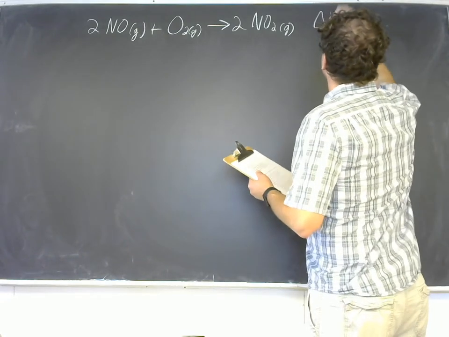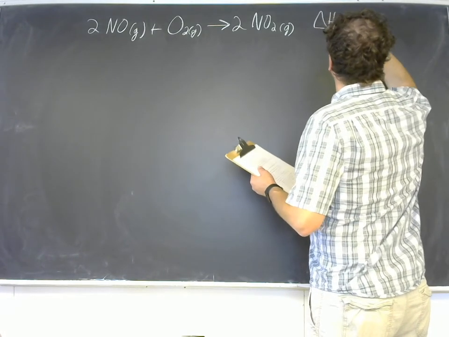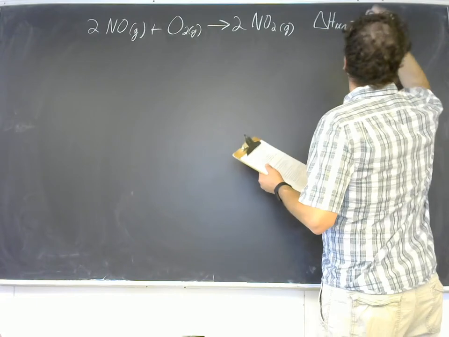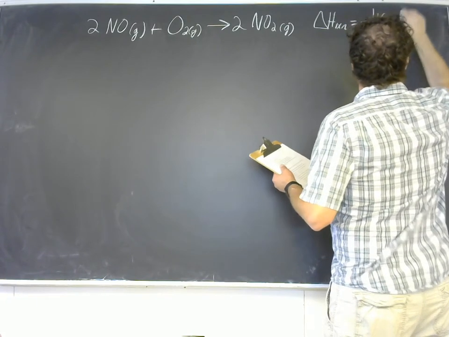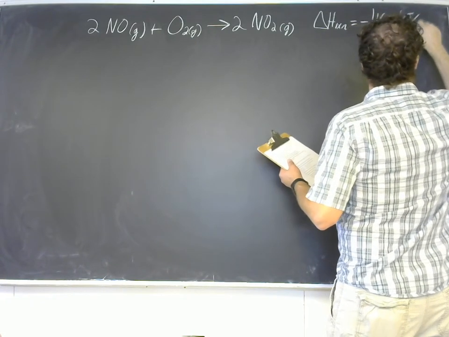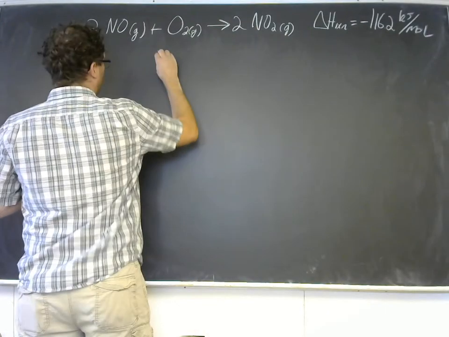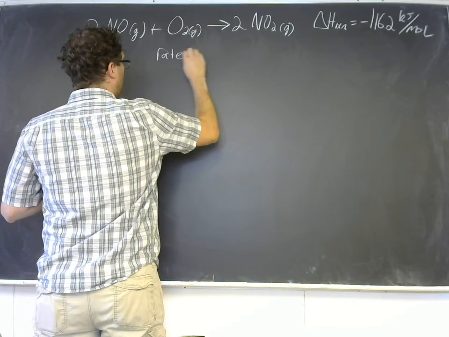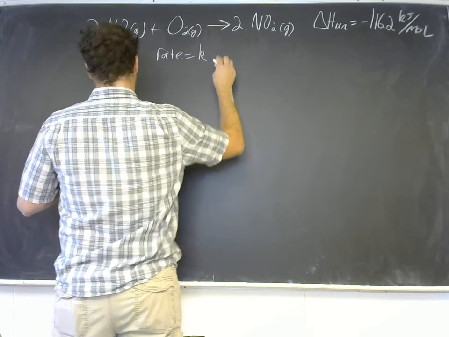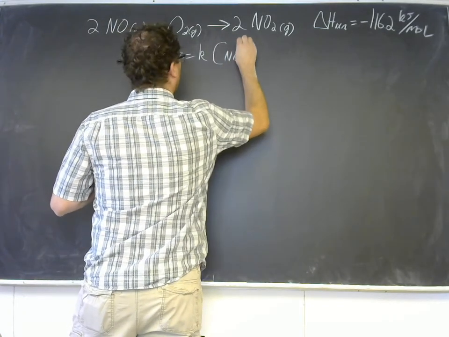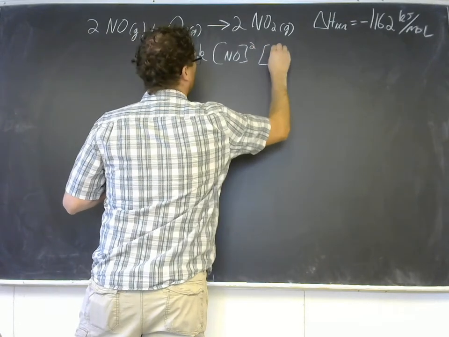We can observe that the delta H of reaction is equal to negative 116.2 kilojoules per mole. And we can observe the rate law, that the overall observed rate law is equal to k times NO squared times O2.